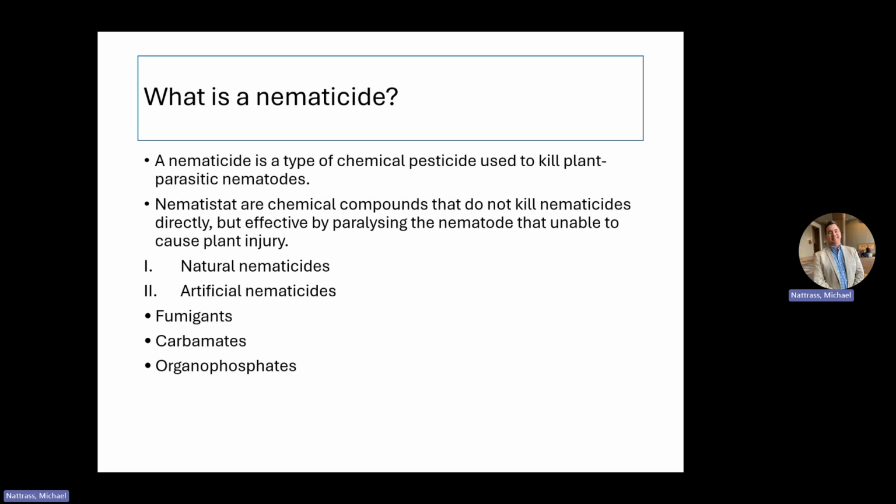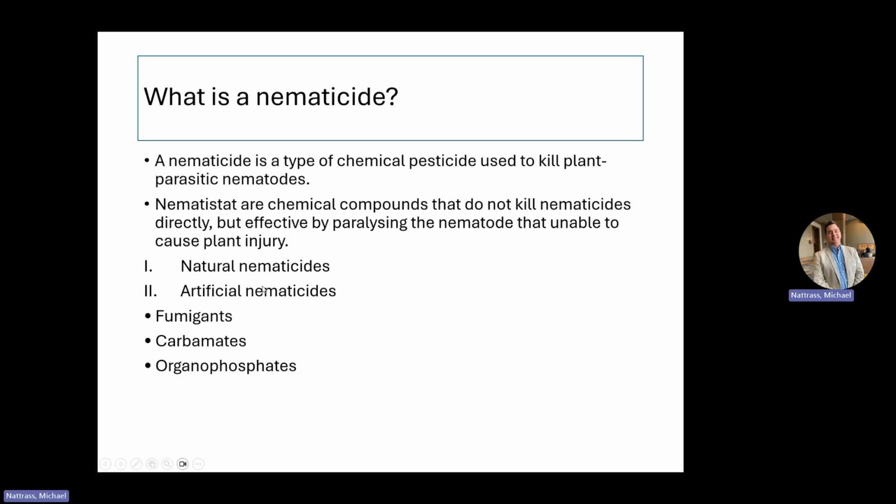But what ends up happening is that there are compounds that either paralyze or disrupt the feeding mechanisms or the ability to ingest the compound, or maybe there's some allelopathic property that is going to deter that nematode from eating on that plant root.